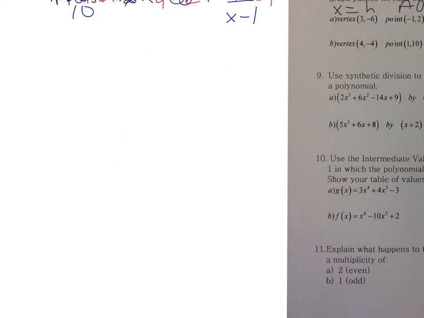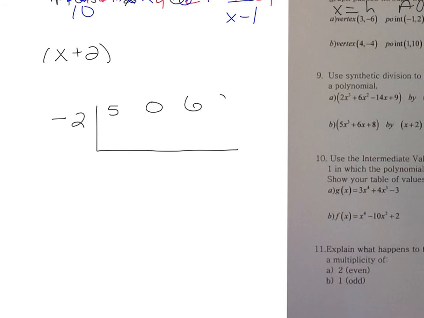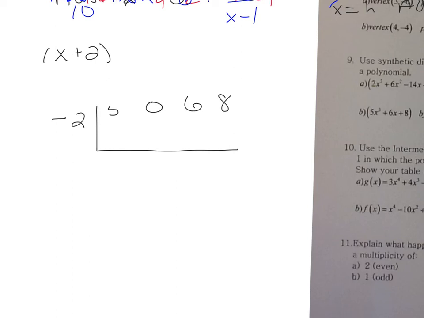For 9b, my divisor is x plus 2, so I'm going to have negative 2 on the outside with 5. I need a 0 for the x squared, 0, a 6, and an 8. I start by bringing down the 5. Negative 2 times 5 is negative 10. 0 minus 10 is negative 10.